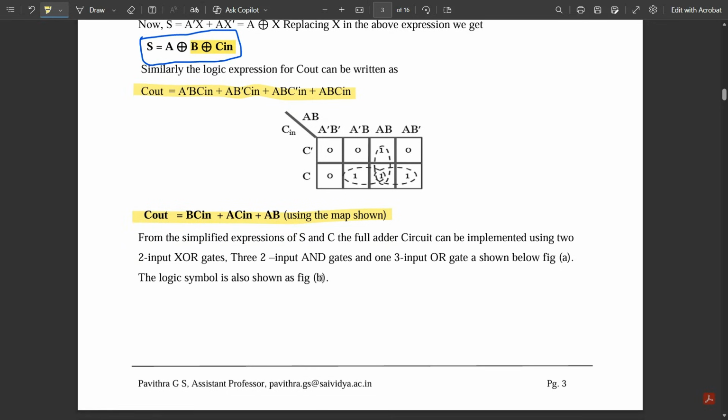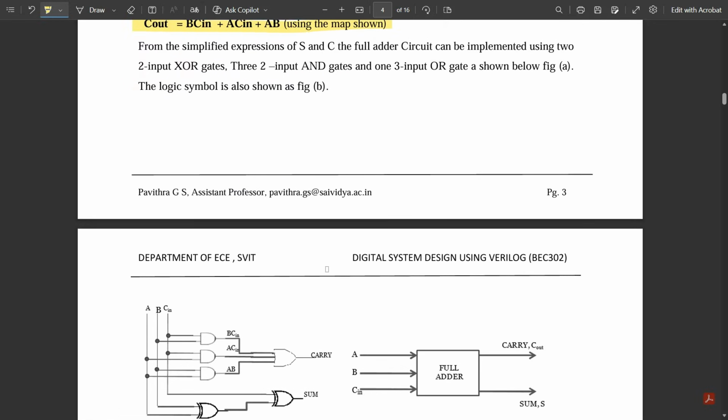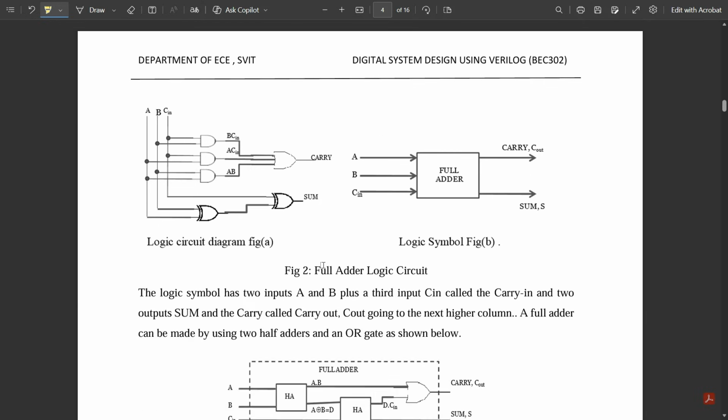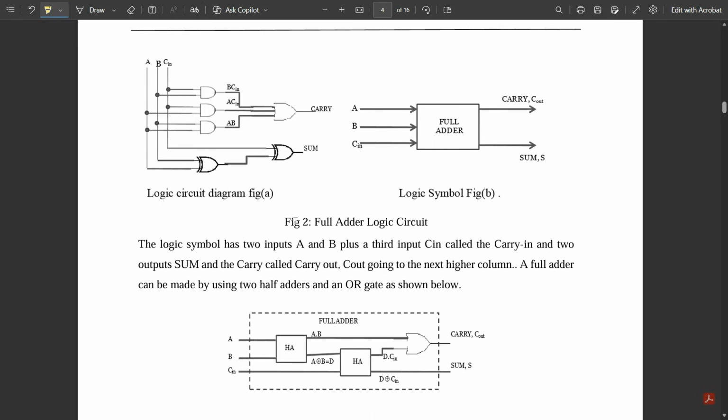So this is the sum and carry expression for the full adder, and with respect to that the logic diagram is drawn. You see here, this is for sum and carry of the full adder circuit. So you see here there are three inputs A, B, Cin. First is for sum, A XOR with B, and the output is given to the Cin input, and it is again XORed, so that's why the total sum is given here.